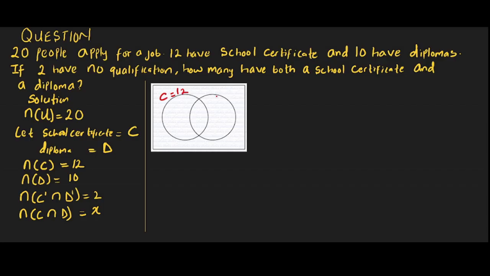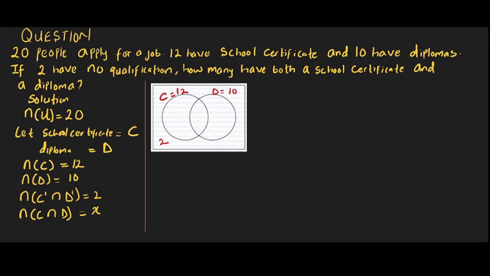This other part is for the diploma, D, which equals 10. Then 2 have no qualification, that is n(C prime intersection D prime) is 2. That is going to be outside here. We could put it anywhere outside the region, so let's put it here.